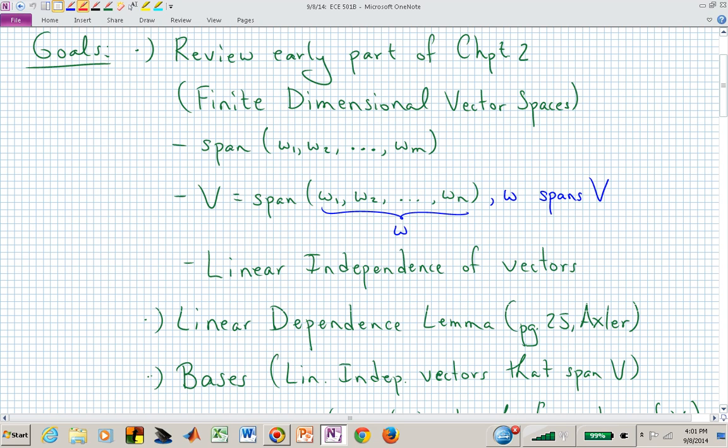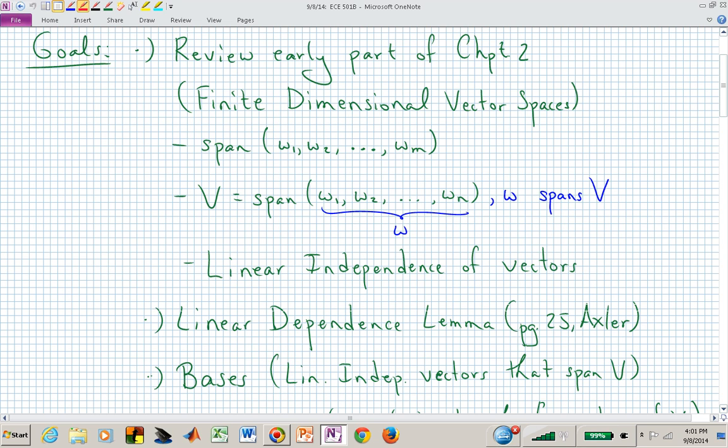We've talked about a collection of vectors, their span actually spanning all of the vector space, and we refer to that as W spans V if W represents this entire spanning list. We've also talked about what it means for vectors to be linearly independent.